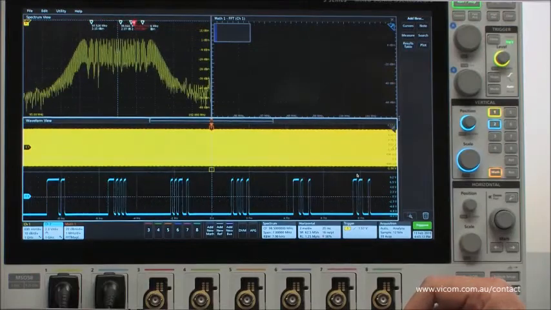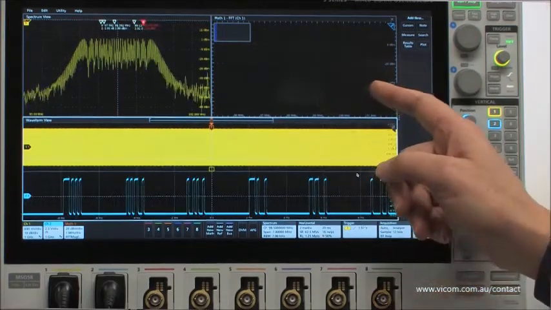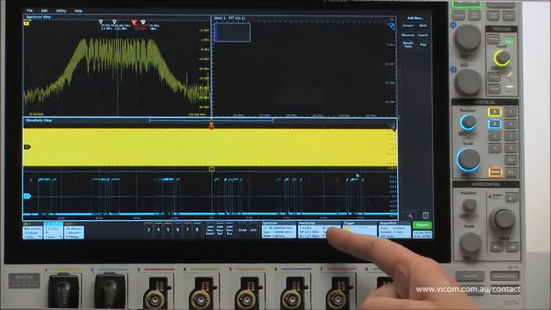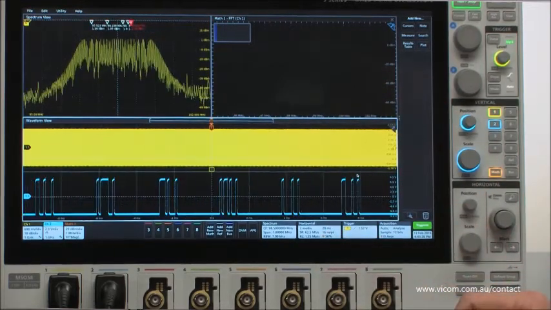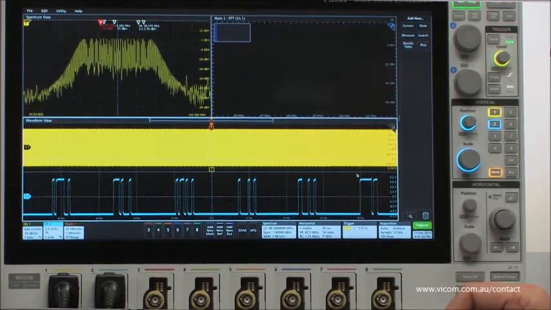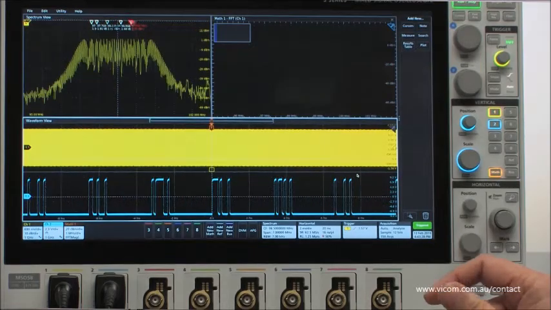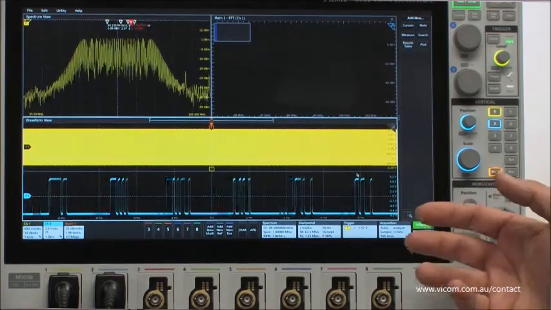Yet my FFT view is now not only not showing a flat line, it's not showing anything. The reason why, if we look down here to our acquisition settings, we're acquiring at 62.5 megasamples per second, which is not enough to capture the Nyquist information on a 100 megahertz spread spectrum clock.